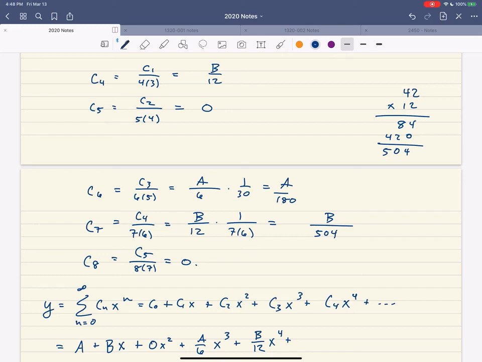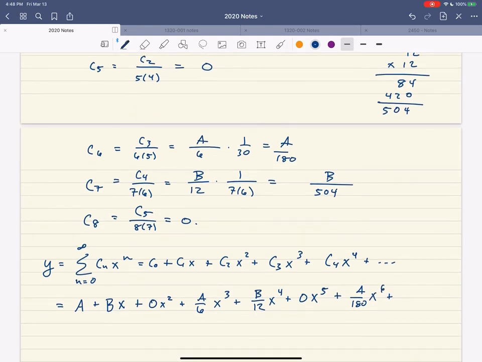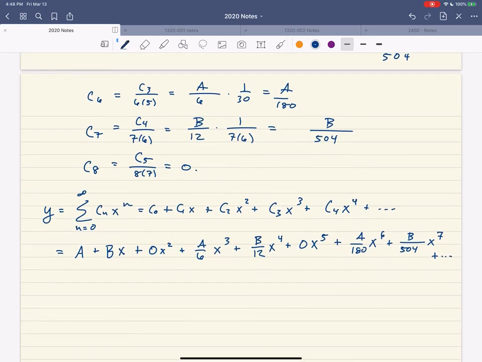And then a few more, plus C5 x to the 5th, so that's 0 x to the 5th. C6 times x to the 6th is a over 180 times x to the 6th. And finally, C7, which was b over 504, x to the 7. And then we would have infinitely many more terms. I'm just writing the first few.